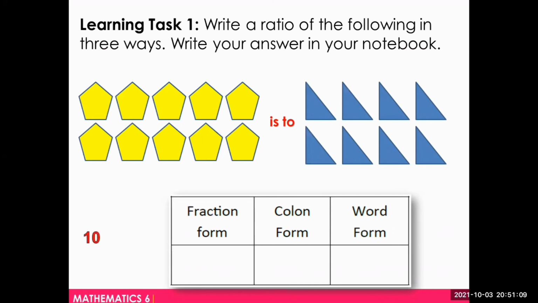Example, 10:8. Siyempre, kailangan natin itong isulat sa simplest form. 10 at 8, ang kanilang greatest common factor ay 2. So 10 divided by 2 equals 5. 8 divided by 2 equals 4. So ang sagot natin ay 5:4.